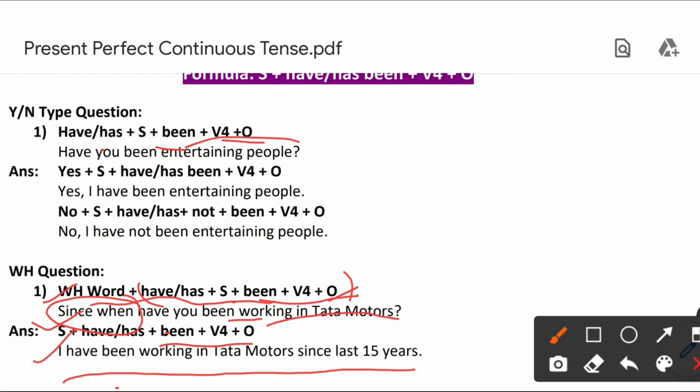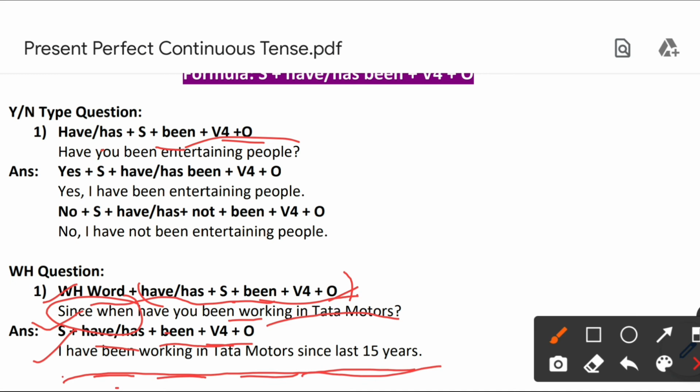Here the subject is I, have or has been as per the subject, then V4, verb plus ing, that means working in Tata Motors. And as the question is since when, the answer is since last 15 years.